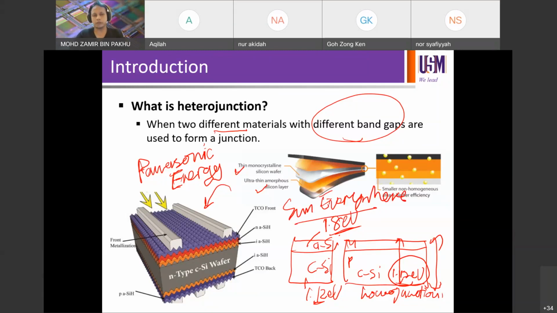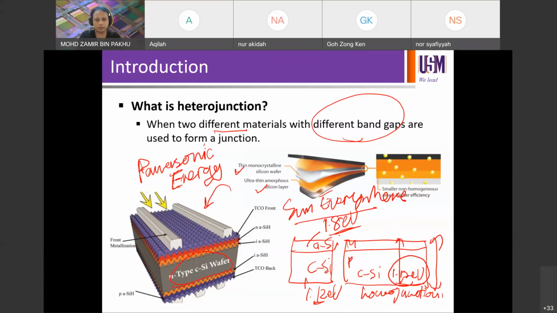So Panasonic used to be one of the best solar cell manufacturers in terms of the efficiency of the device. So the device that we're talking about is here. You can see the N-type crystalline silicon is used as the central material, but the crystalline silicon is sandwiched by amorphous silicon on top and at the bottom as well.